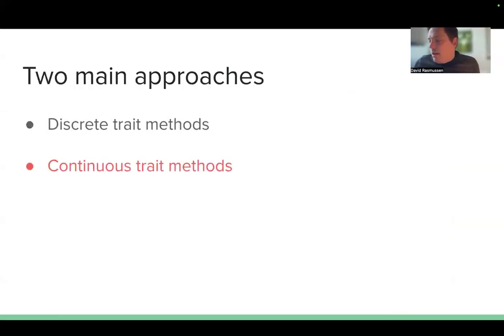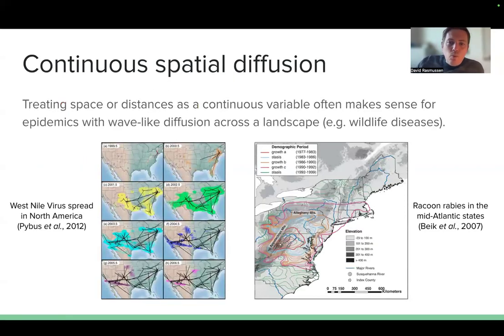All right. We're going to spend a lot less time talking about continuous phylogeographic methods, just because they're less broadly used. They're more computationally intensive and harder to fit to real data, but they can be very useful in certain contexts. So why would we use a continuous phylogeographic model over a discrete one?